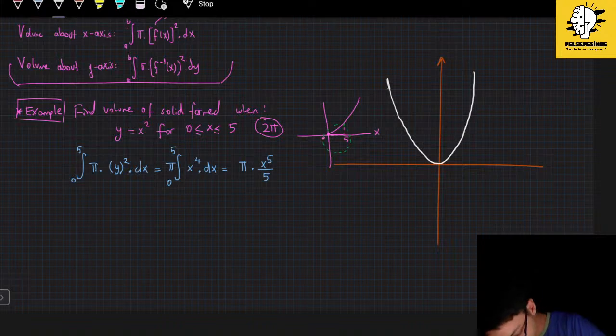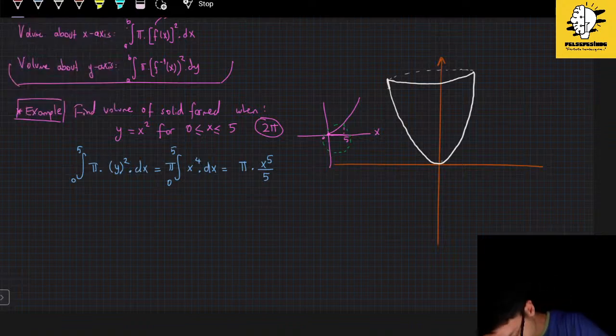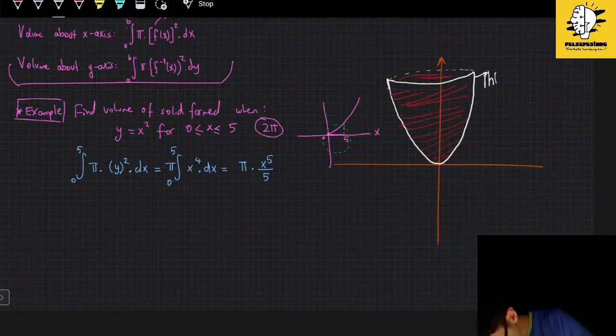And there is one more, and it is revolution about the y-axis. Let me draw it. Find the volume of the solid formed when revolved about the y-axis, guys.